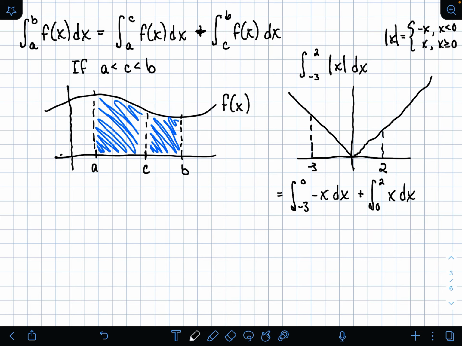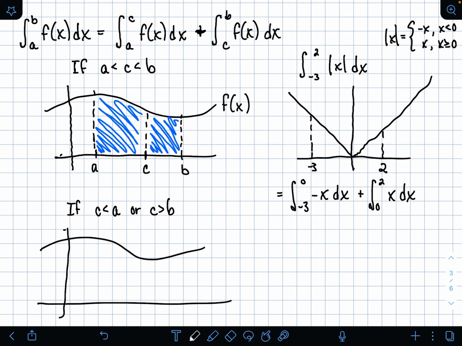Now, here's a curious situation which, again, will come up in the discussion of part of the fundamental theorem of calculus. What if c is not in between a and b? What if it is outside of it, to one side or the other? So suppose we have a and b, and the region between them is the one we're interested in.